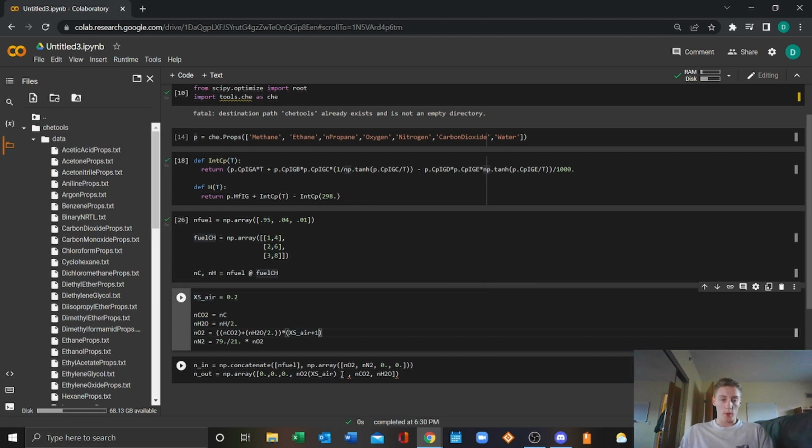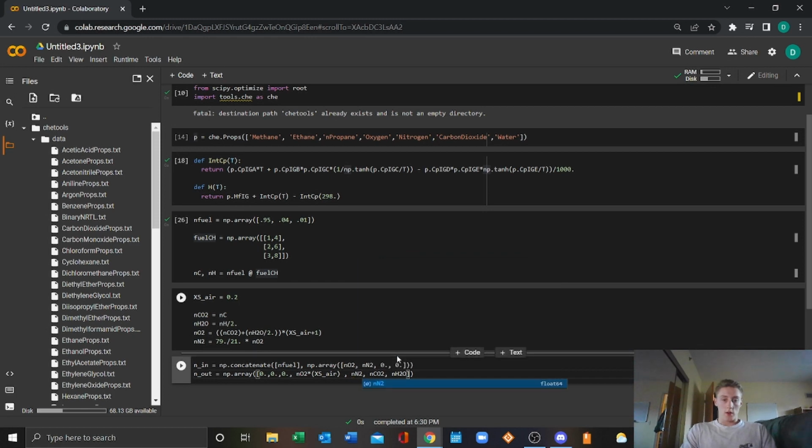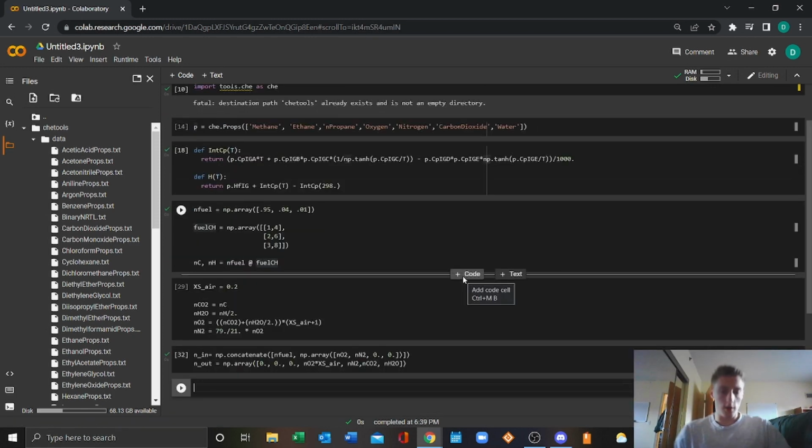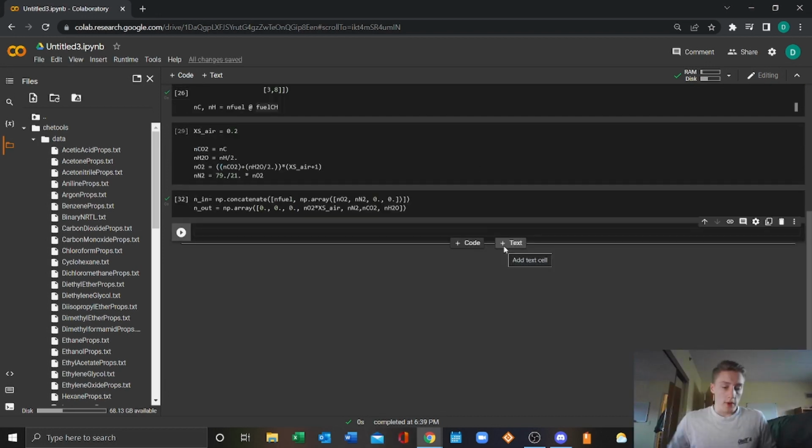Because now when I multiply by just 0.2, that gives us exactly how much excess there is. So that makes sense. Okay. Now that'll work out. And then we have just our nitrogen along for the ride. Okay, there we go. Now we're ready to use our root function to find the temperature.